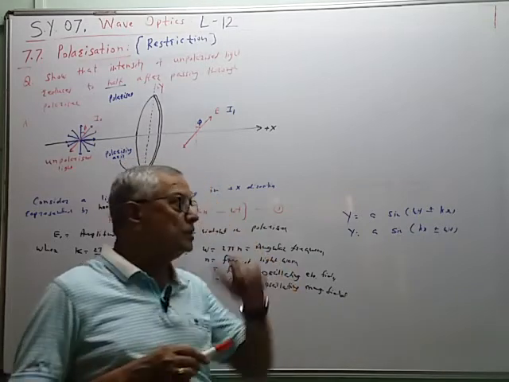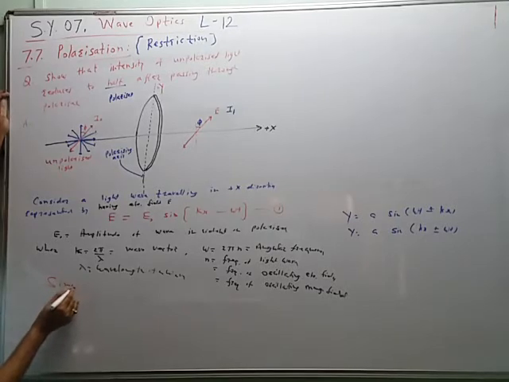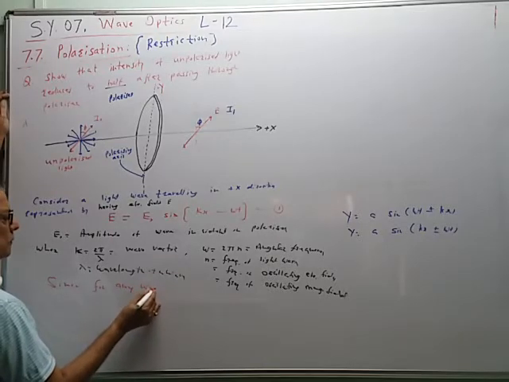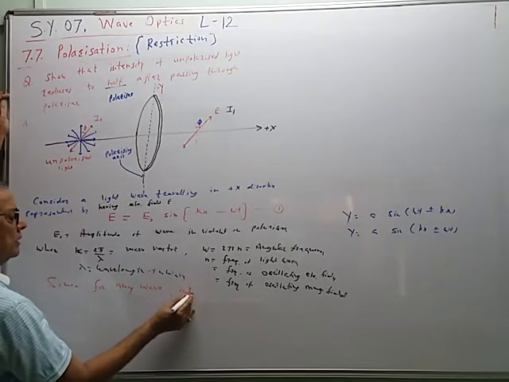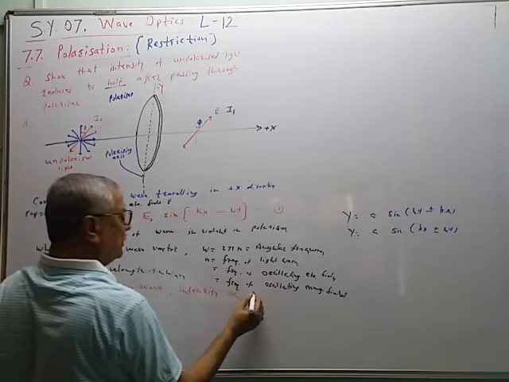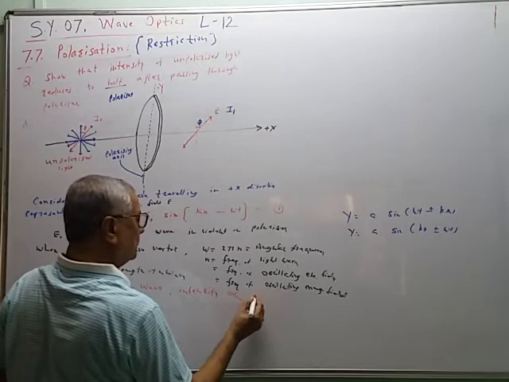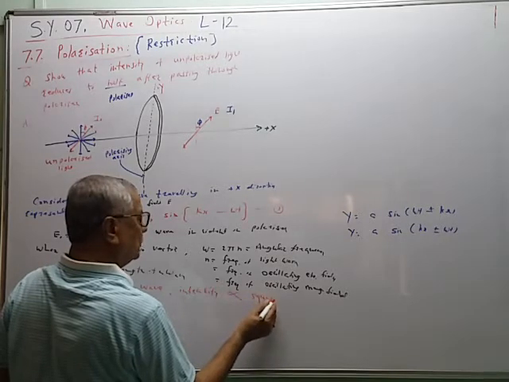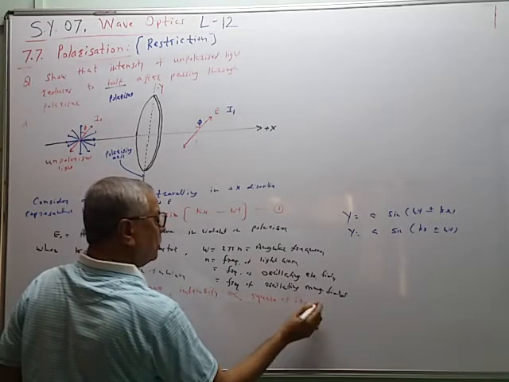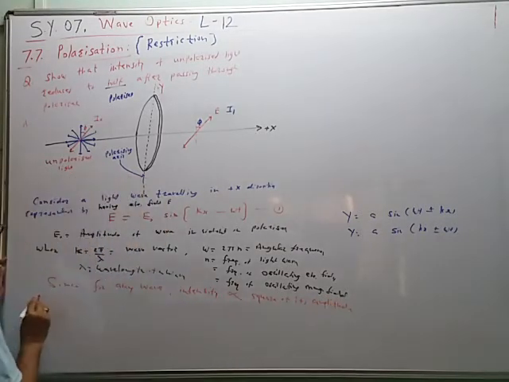So, if you use this property, then I0 can be given by, since for any wave, intensity is directly proportional to the square of its amplitude.